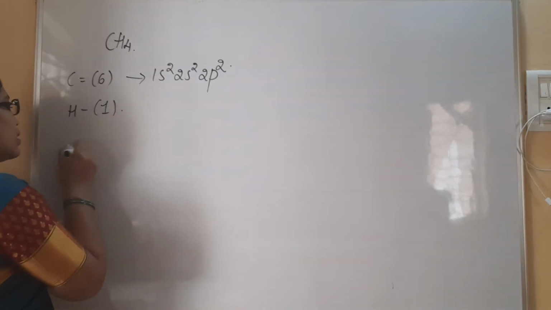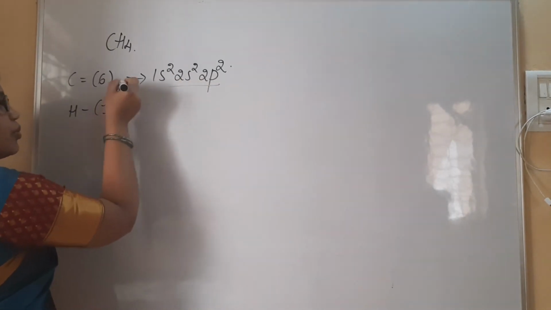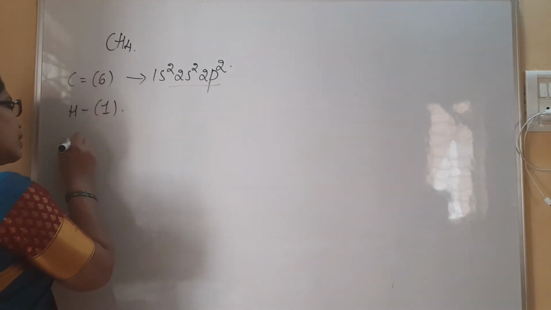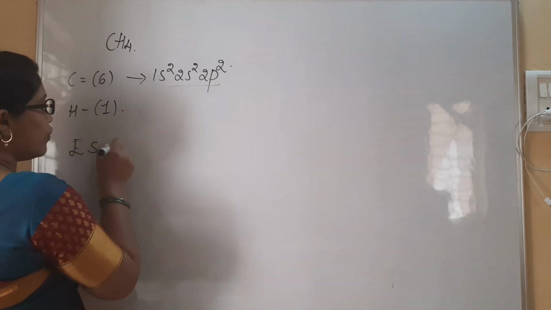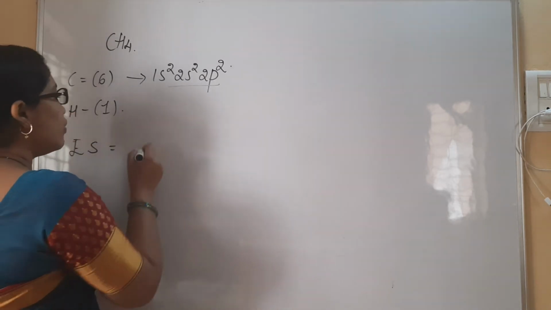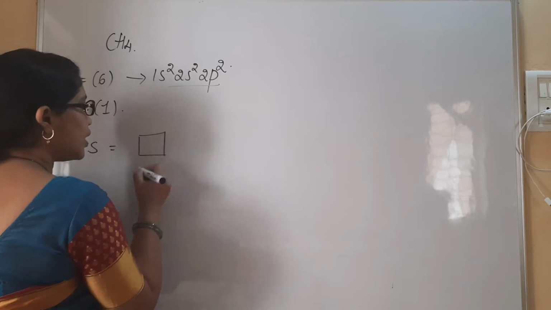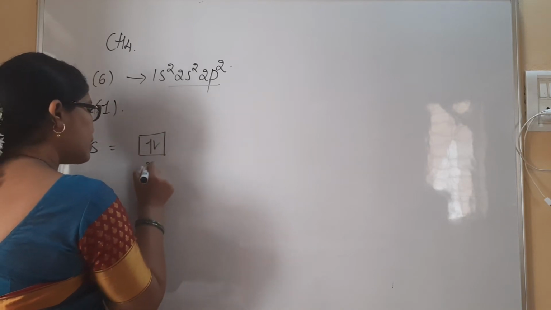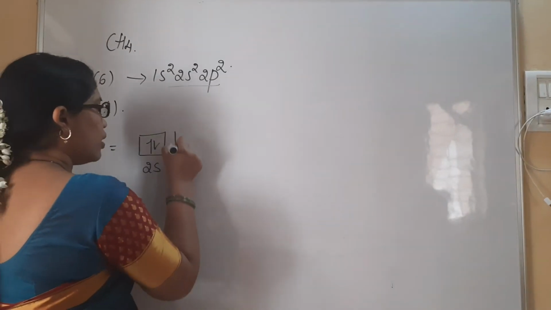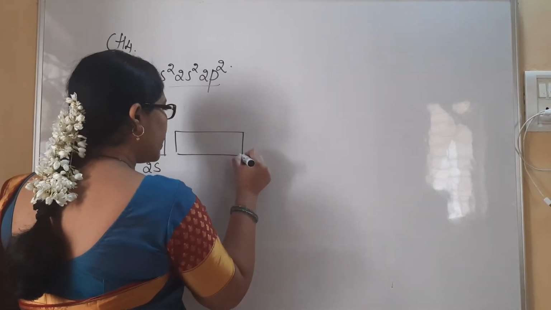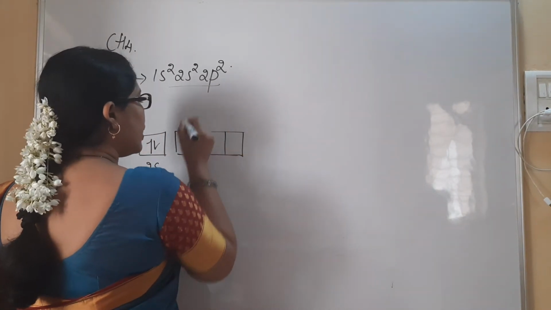Now, this is said to be the ground state configuration. If you consider the excited state configuration, then we will have 2s electrons. Okay, these are 2s electrons. Then I have 2p electrons. How many are there?